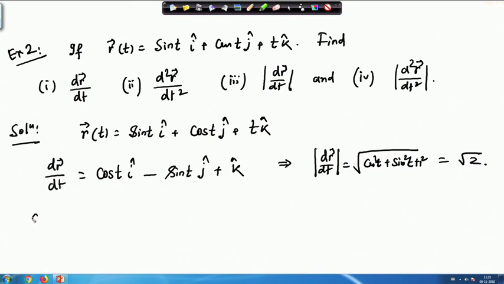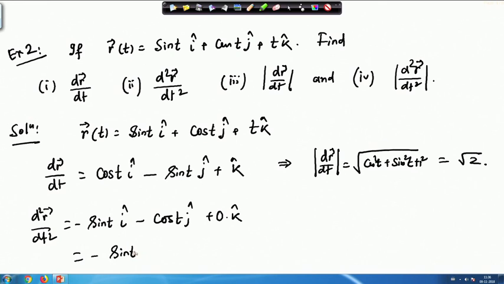And again, we will calculate d²r/dt² from here. This will be minus sin t i, minus cos t j, and differentiation of t is 1, so differentiation of 1 is 0, so 0 times k. So, basically minus sin t i minus cos t j, and from here we can calculate the magnitude of d²r/dt² as the square root of sin² t plus cos² t.